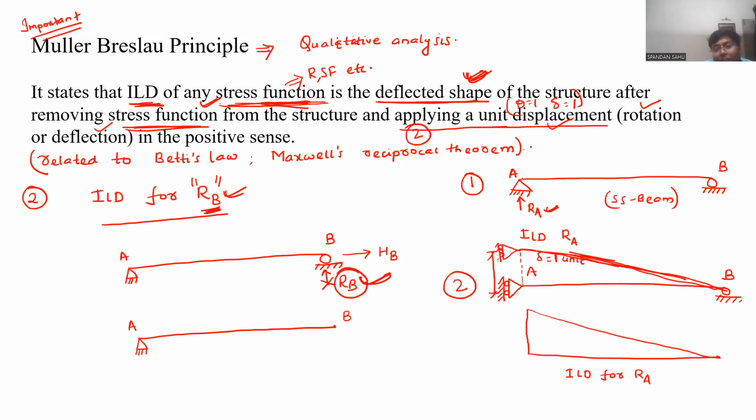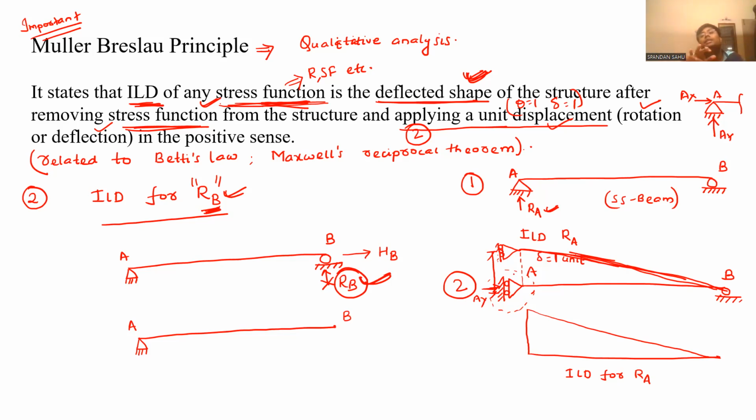So like this was a hinge support. The hinge is providing this, suppose AY, this is joint A, this is AY, this is AX. Now we wanted to draw the ILD for AY. So I have modified this support like this, such that AX remains intact but AY is removed.